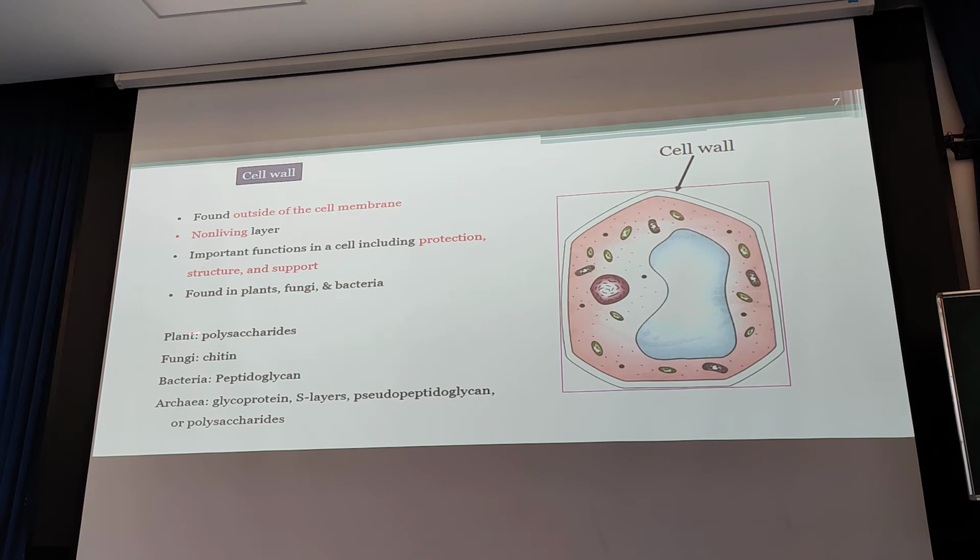Remember this, it's important. The cell wall of plants is made of polysaccharides, cellulose, as I talked about in the previous lesson. In fungi, the cell wall is made of chitin. Bacteria have peptidoglycan. And archaea have various types of compounds, glycoproteins, the S layer, pseudopeptidoglycan.